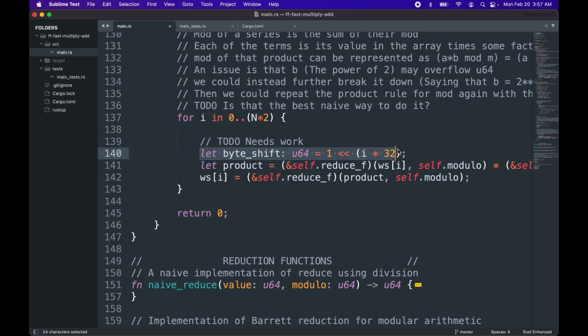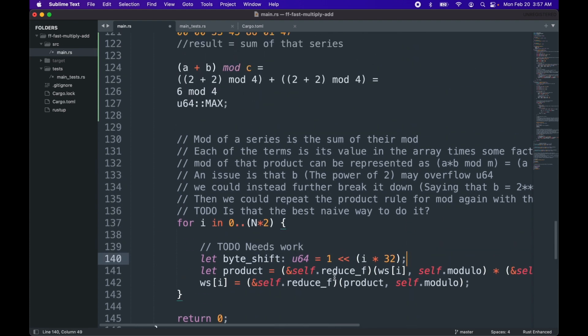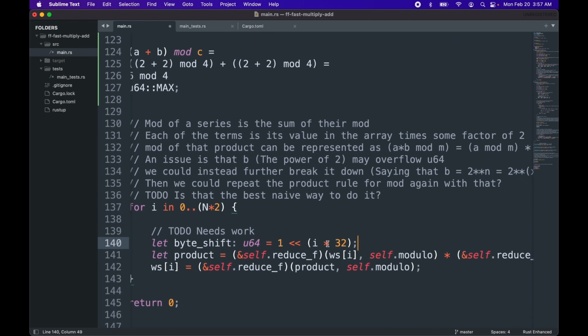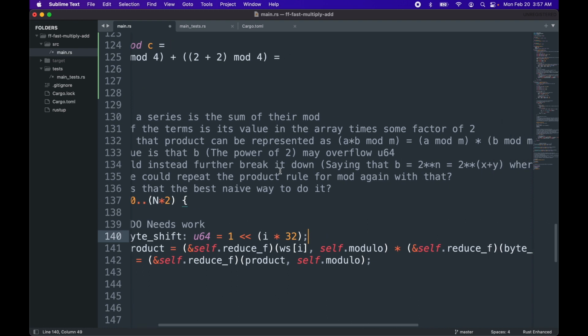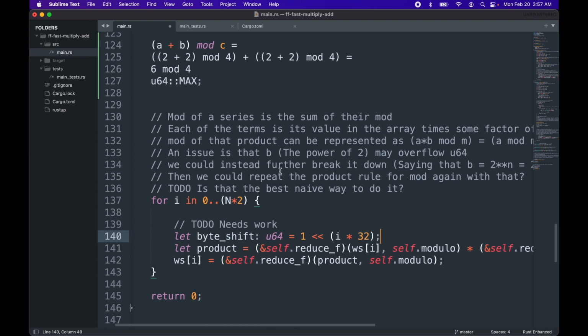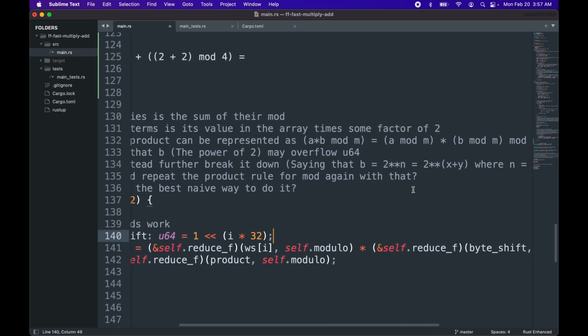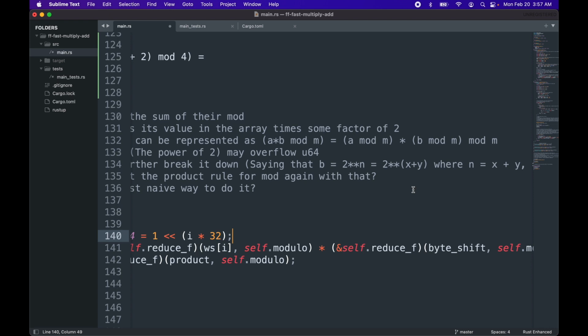But essentially, this is like the byte shift component. Okay, so starting, we just do mod of each term. And then what is each term? Each term is a value that is of the word size and is some factor of 2, considering that my words are bytes.